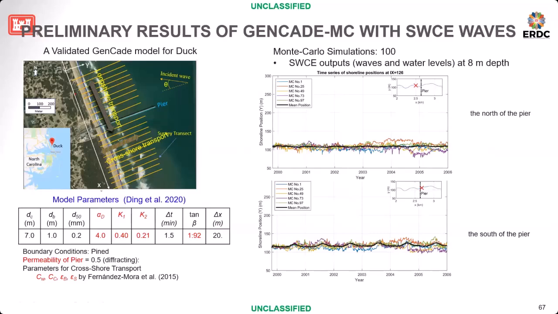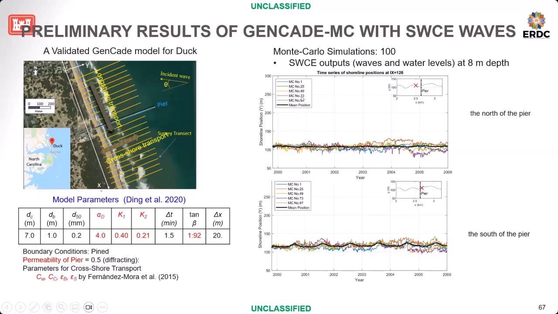This model includes cross-shore and long-shore processes, as I explained in the previous session. You can check a time series of shoreline position at the lower south. I selected only five Monte Carlo results, so you can see the variation of shoreline change with the input wave data.